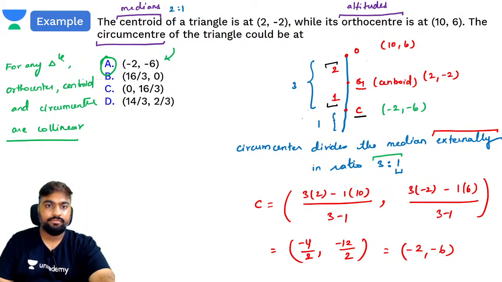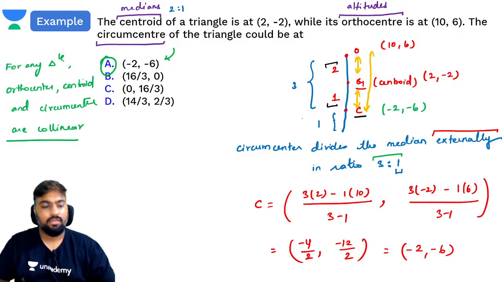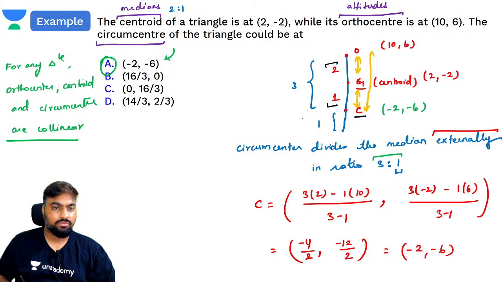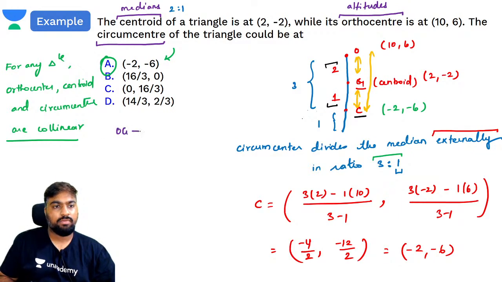So the deal is, this length OG plus GC should be equal to OC. So find the length of OG. OG is 10 minus -2, that is 8, squared 64, plus 6 minus -2, 64.